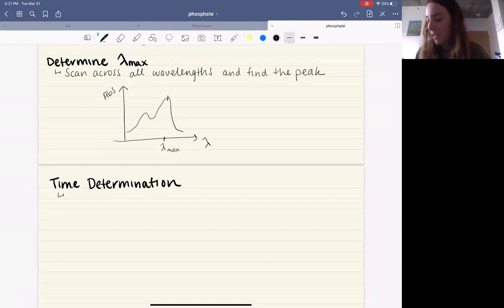So you'll want to set your instrument to the lambda max and measure just at that wavelength. Okay, and you're going to add your reagents right away. Add your reagents and start measuring the absorbance immediately.